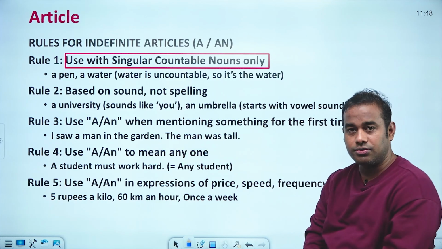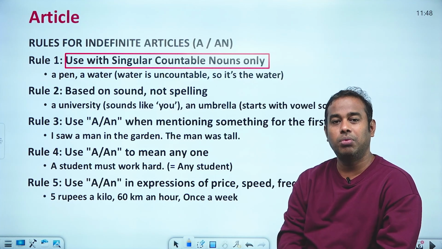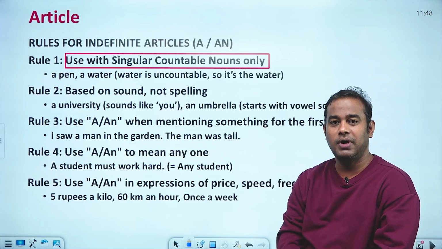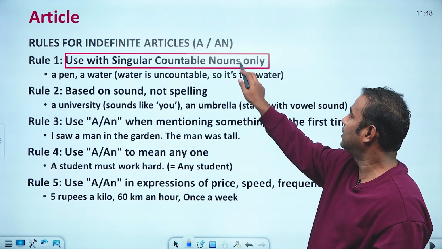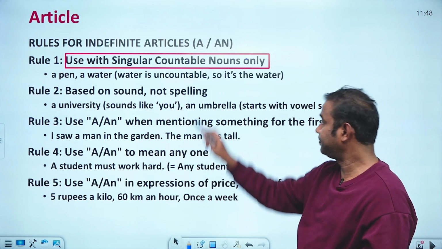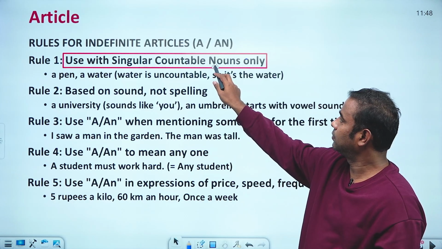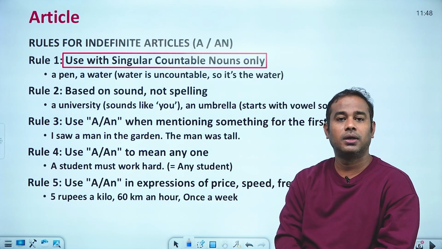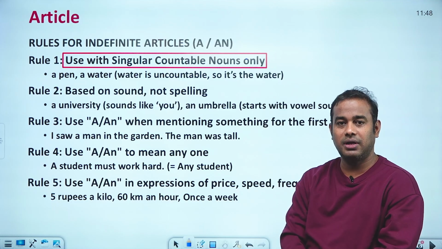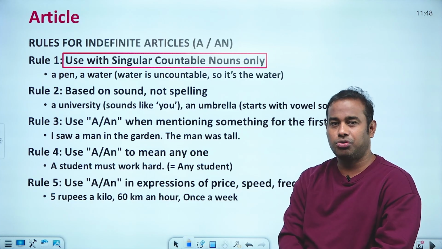A pen, a book, a pencil, likewise a cell phone, a mobile. You have to use the indefinite article a with that and only that.